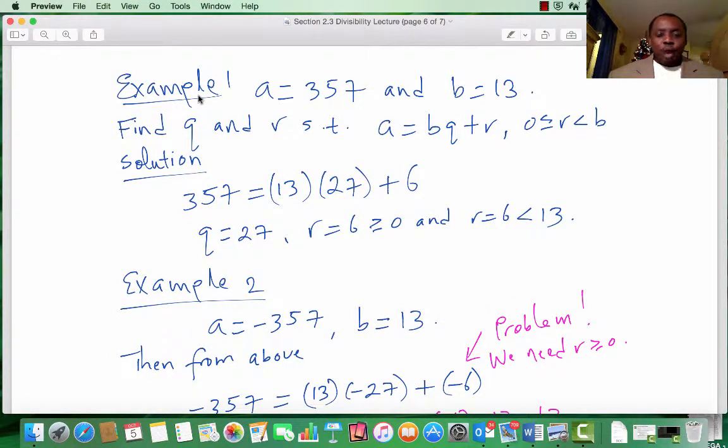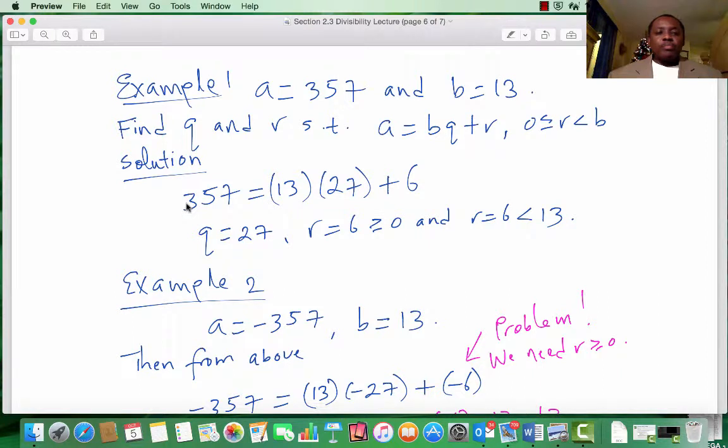Example 1. Let A be the number 357 and B the number 13. Find Q and R such that A equals B times Q plus R, and R is bigger than or equal to 0 and strictly less than B. Solution.